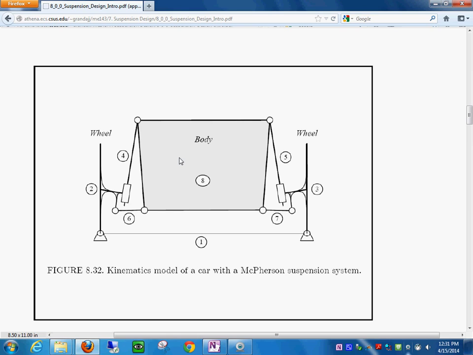You can do it with a body and linkages to be able to represent the kinematics of this car on a McPherson suspension. There are software programs like Working Model 2D which are very suitable for doing this kind of analysis.